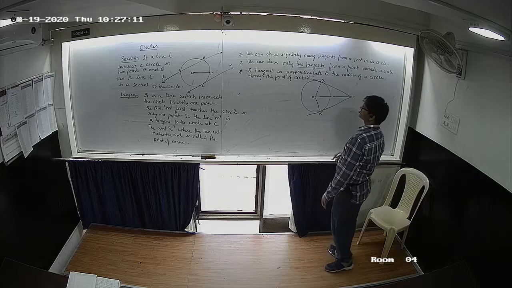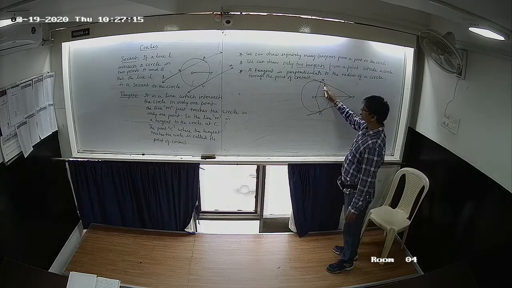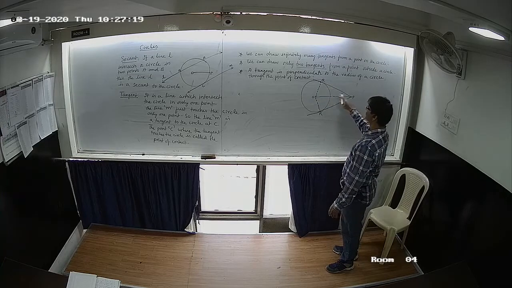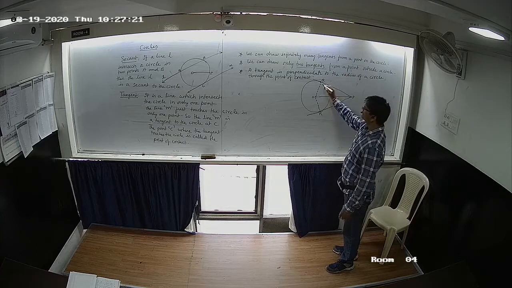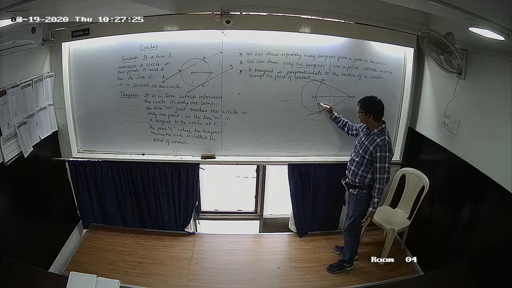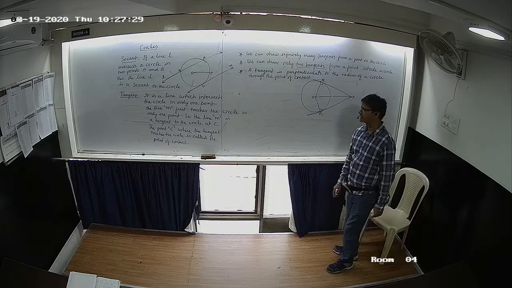A tangent is always perpendicular to the radius to the point of contact. So here the point of contact is Q. OQ is the radius, so PQ is perpendicular to OQ. Hence this angle is 90 degrees. Same way, angle ORP is also 90 degrees.